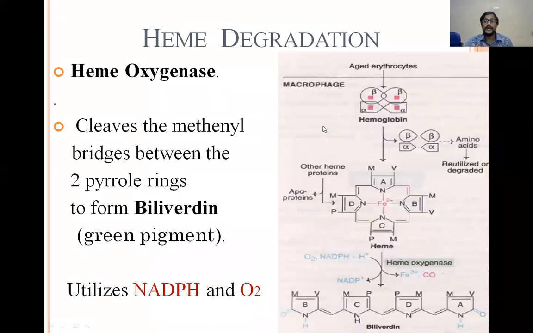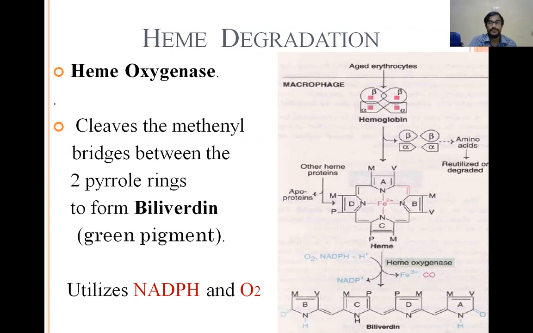The first enzyme required for the heme degradation is heme oxygenase. This heme oxygenase cleaves the methylene bridges which are present between the pyrrole rings to form biliverdin, which is a green pigment. And this utilizes NADPH and O2. So from hemoglobin we get the heme, and this heme is degraded to biliverdin in the presence of the enzyme heme oxygenase.